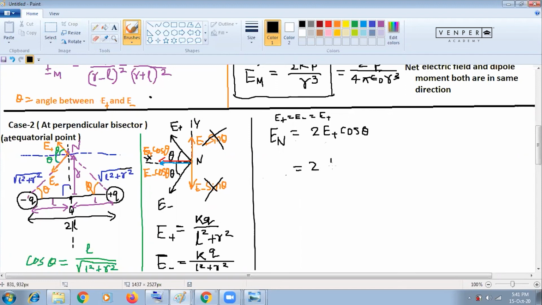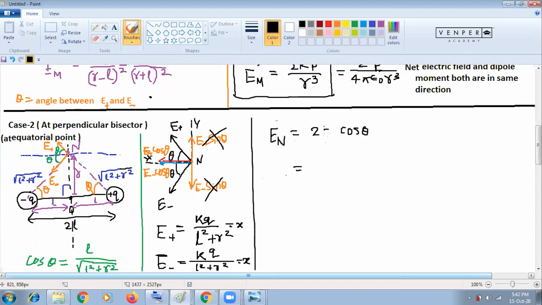Now here 2 into, it is how much? 2kq. Are you understanding this, or do I need to take the notation differently? You see here, E plus and E minus are the same. You can take the x value. So here this is also x, and it is also x, so it is becoming 2x.